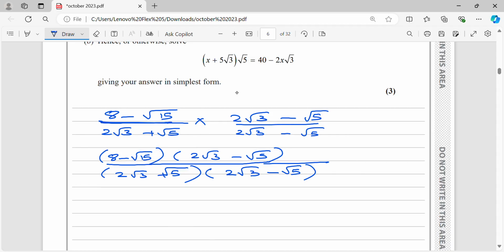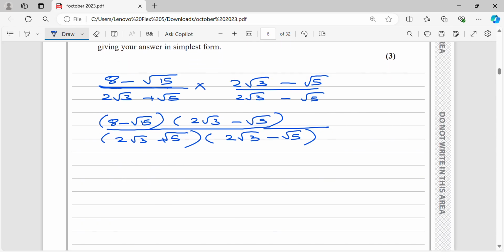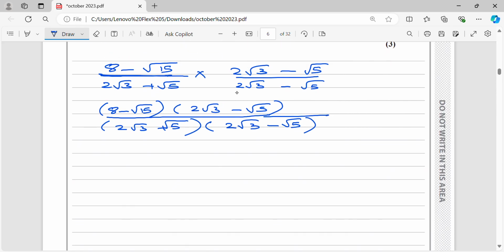The denominator is much easier, because I'm going to use the difference of squares formula, which says that a plus b into a minus b equals a squared minus b squared. So I can write it as a squared minus b squared.